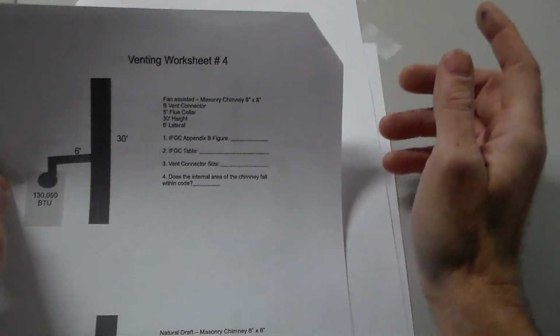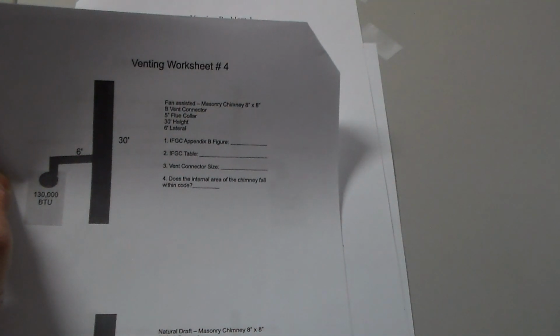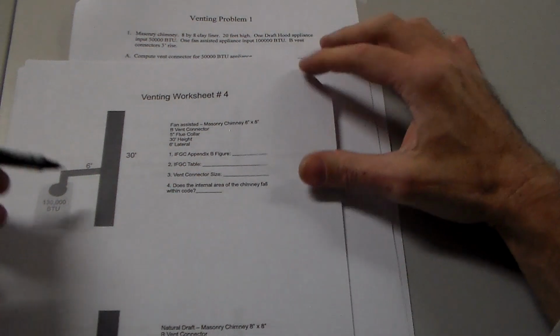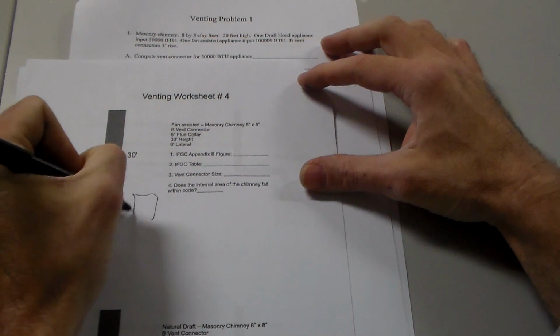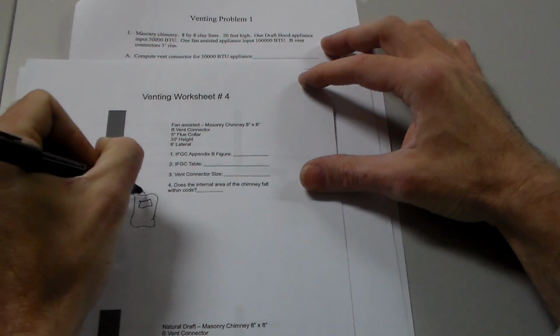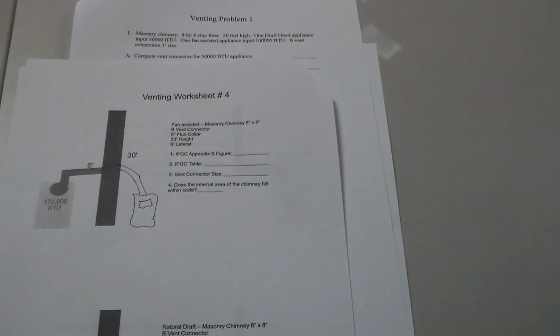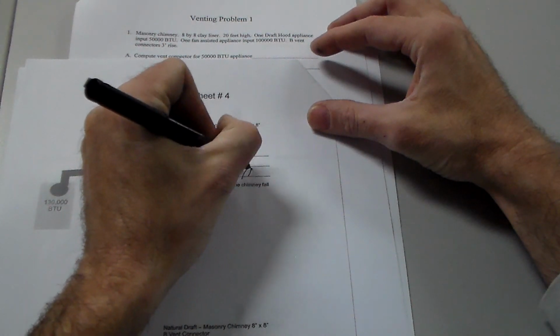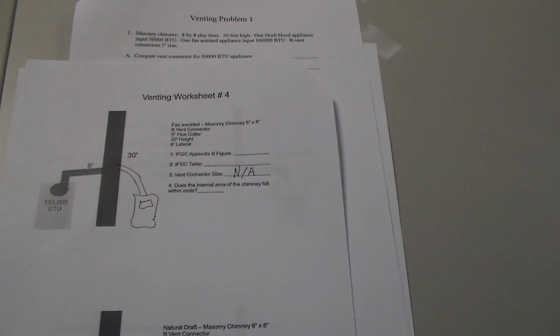But for our Mech 1 test, if you see that, and it doesn't matter if it's one fan assist unit or more than one, there could be 6 of them, and if there's not a natural draft unit, like if we don't have a nat over here also going into that masonry, then it's illegal. And as far as the test goes, you don't even got to bother sizing it. You just go NA. And believe me, one of the 4 multiple choice answers will be NA.